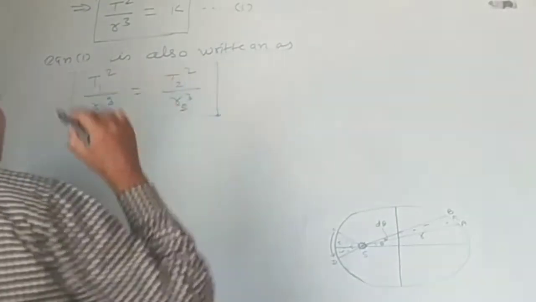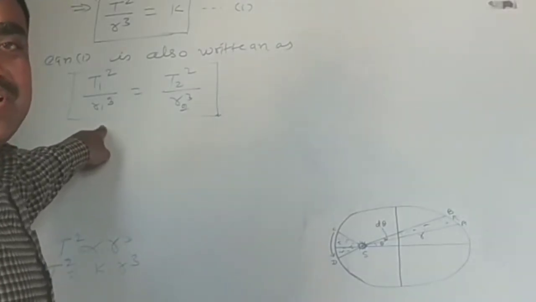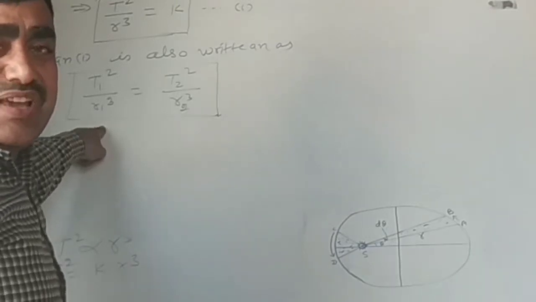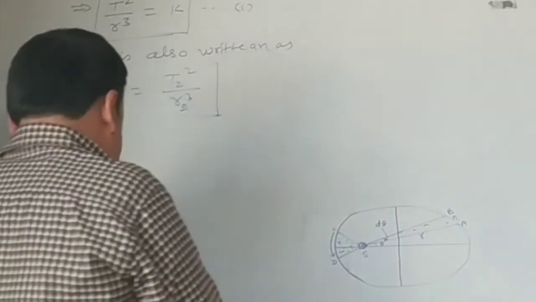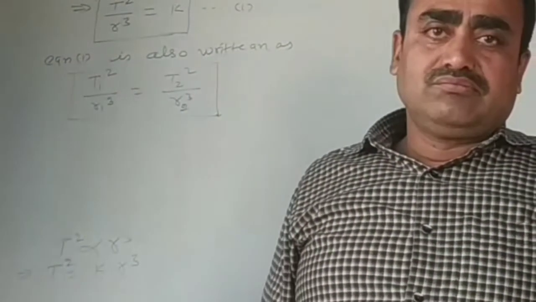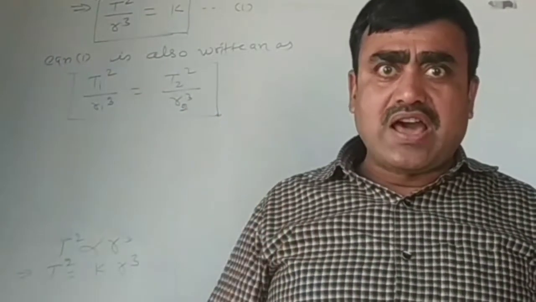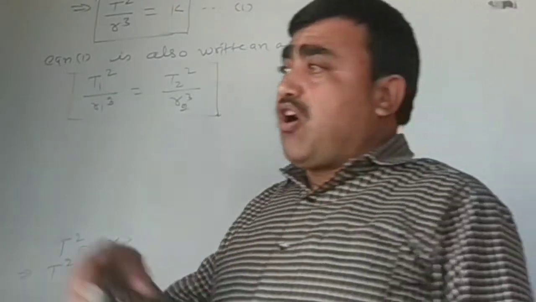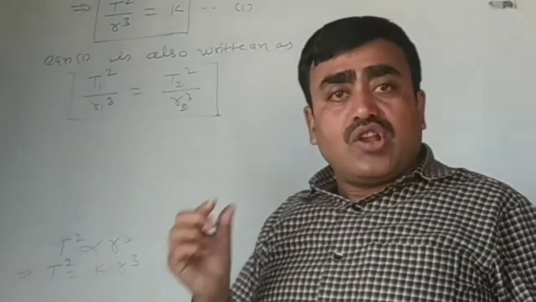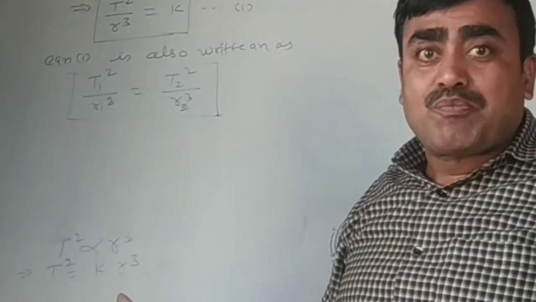Okay, this is another form of Kepler's third law of planetary motion. Okay, on the basis of the third law of planetary motion, Newton guessed the inverse square law. That means on the basis of this law, Newton obtained the inverse square law. How did Newton obtain it?